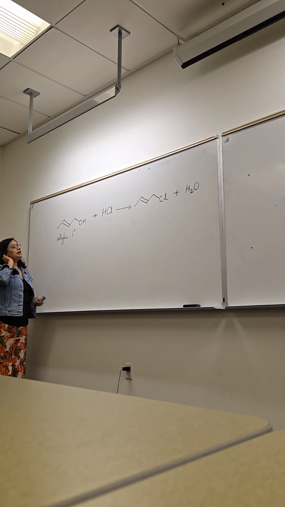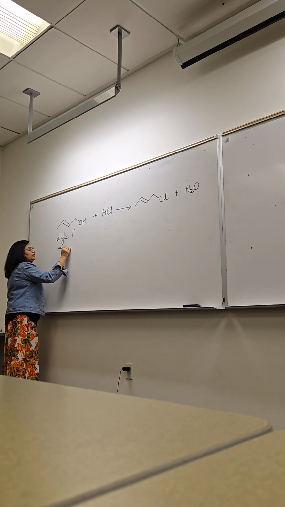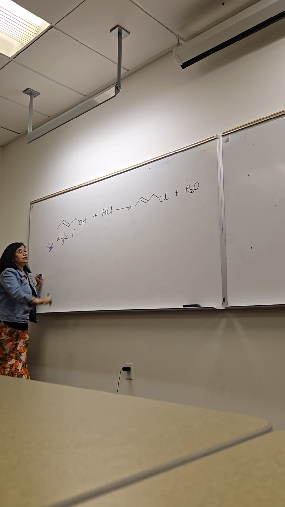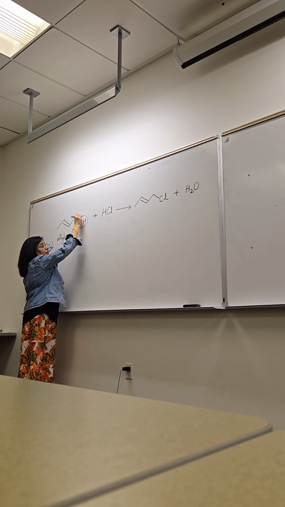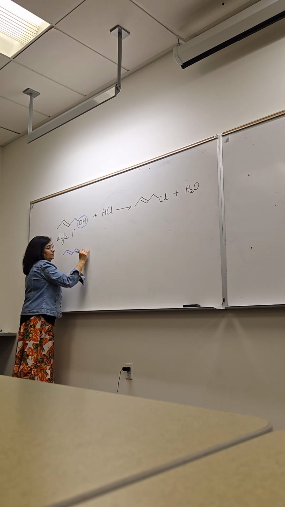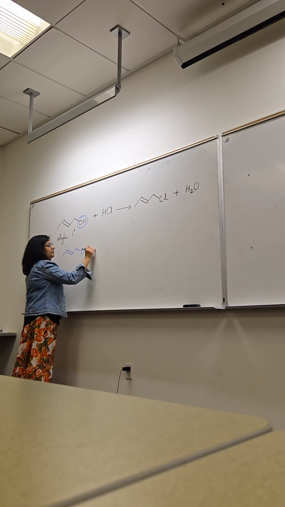Okay, cool. Let's write a mechanism this time for SN1. What do you think should be the first step in this SN1 reaction? Is this a good leaving group or a bad leaving group? So what should we do first? Add a proton from the acid and make it a better leaving group. Agreed?